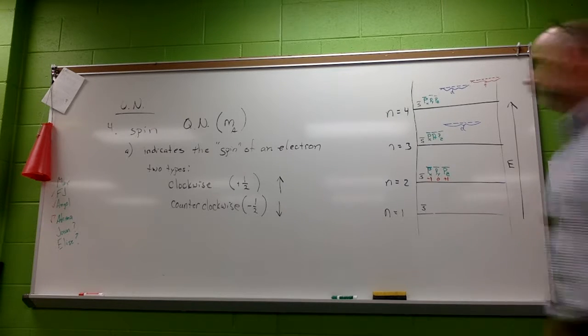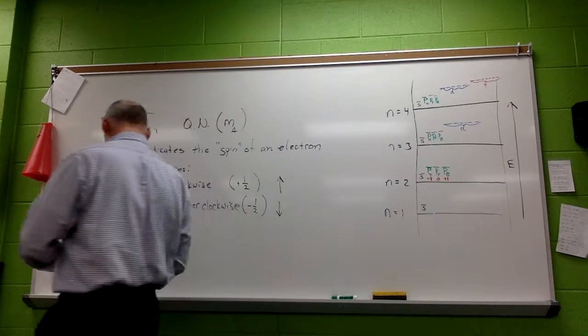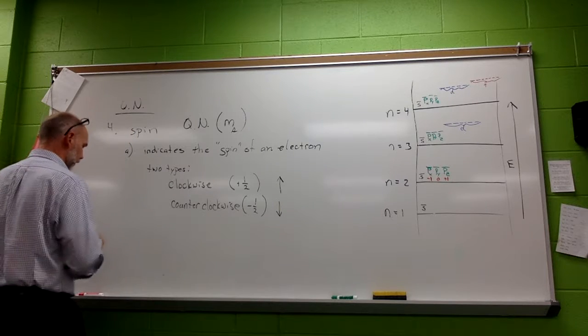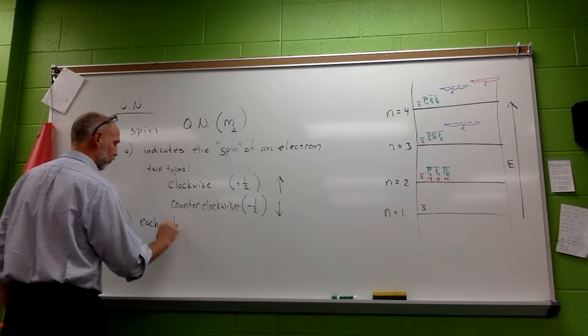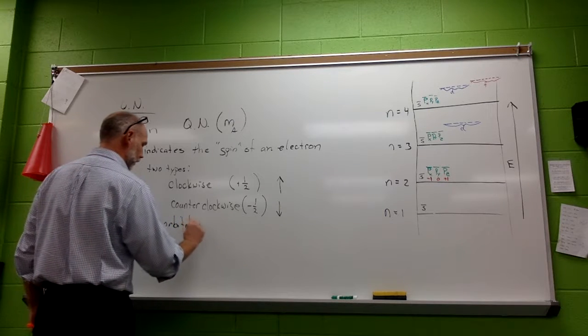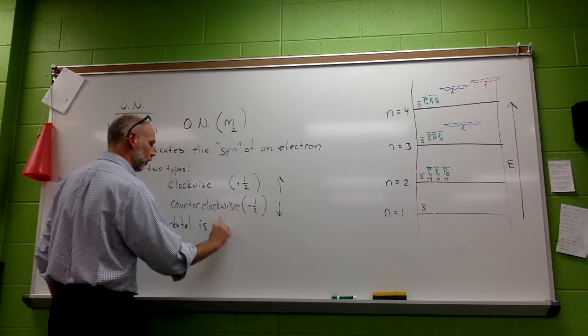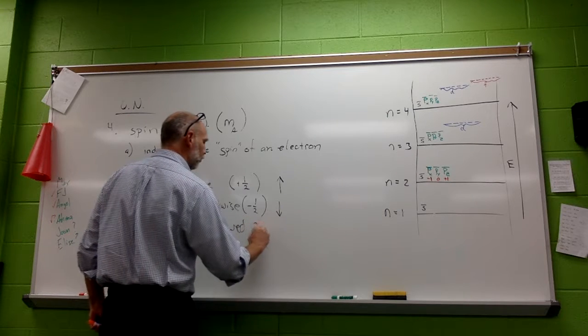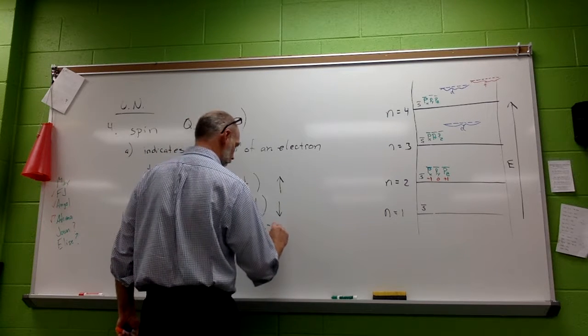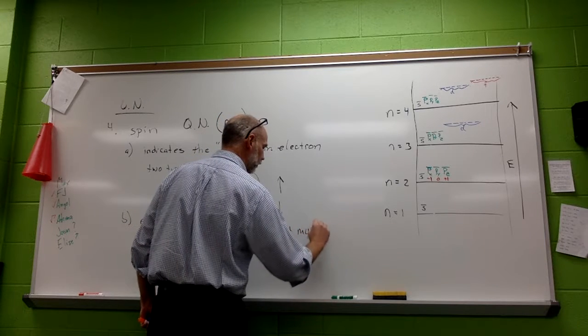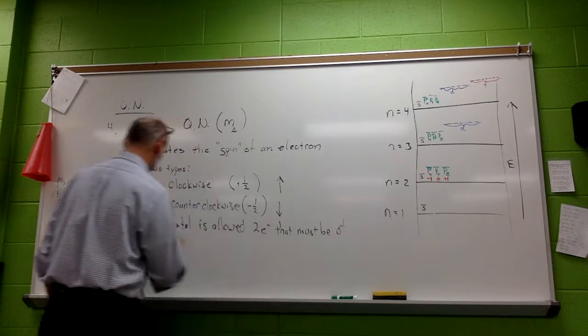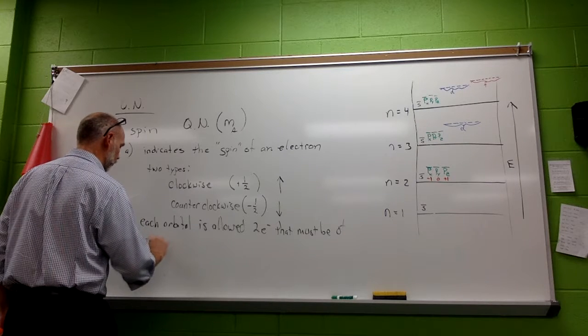Okay. Now, here's what's interesting. Here's a point. Each orbital is allowed 2 electrons that must be of opposite spin.